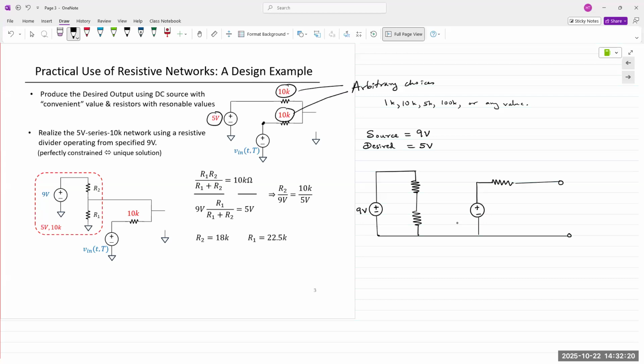This is our desired output. V out. It's R2 and R1. And this is V in of t. Okay, that's our circuit. And we want plus minus 5 volts here.